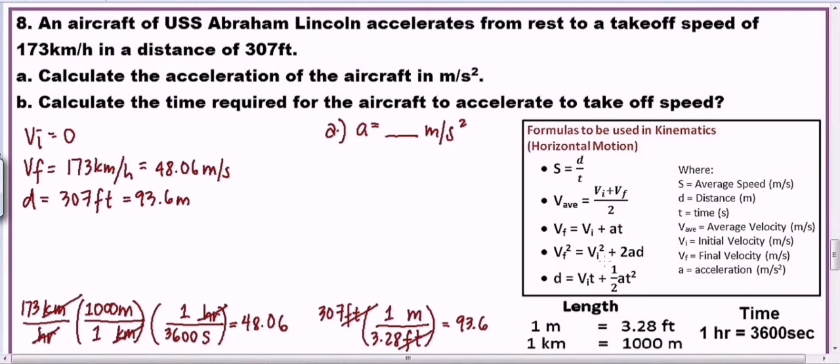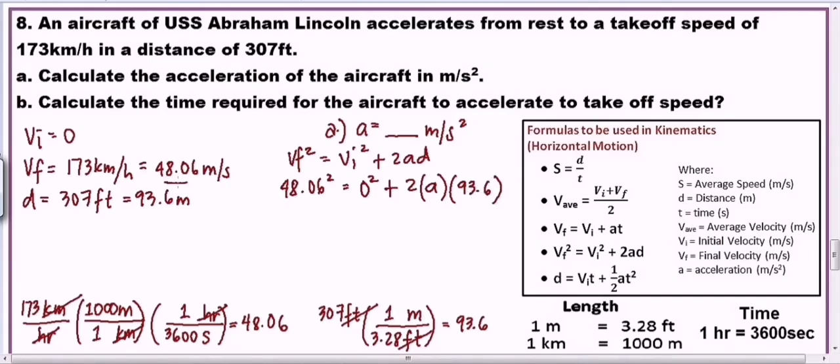So, VF squared equals VI squared plus 2AD. Kasi may D. Okay, so VF squared is 48.06 squared equals VI is 0 squared plus 2 times A yung hinahanap times D, 93.6. Ito na yung gagamitin nyo ha, itong dalawang to. Yung naka-meter at saka yung naka-per second.